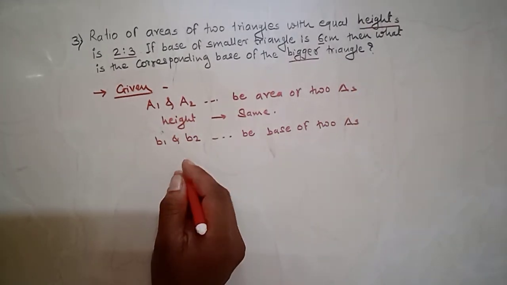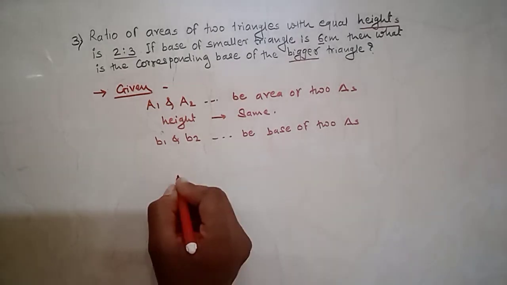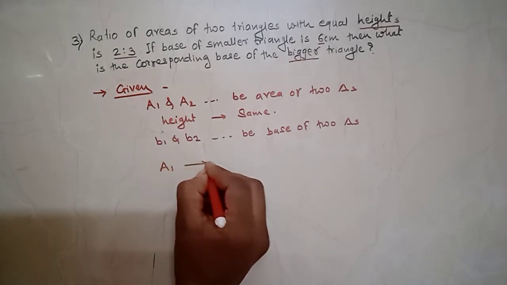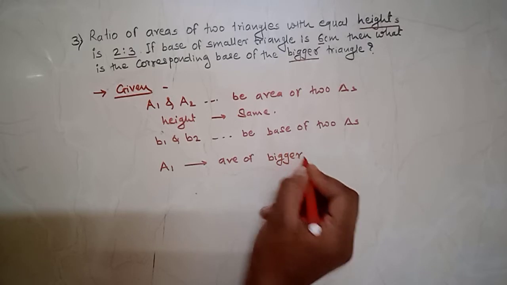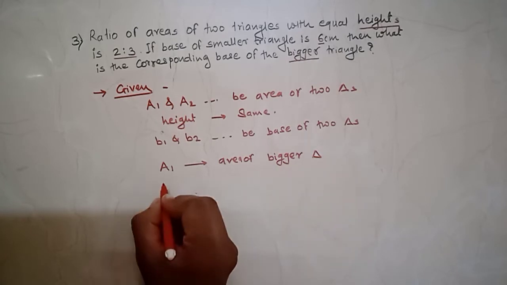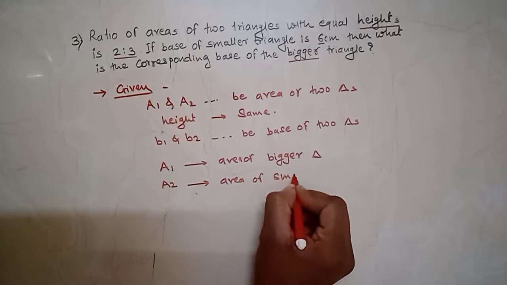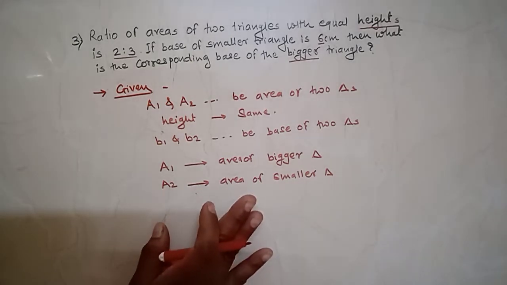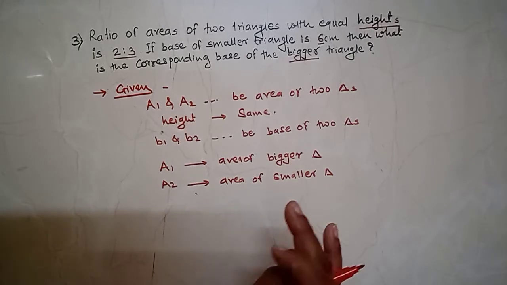They give the 6 centimeter base for the small triangle. So we first have to consider the small and big triangle. A1 is the area of the bigger triangle, and A2 is the area of the smaller triangle.